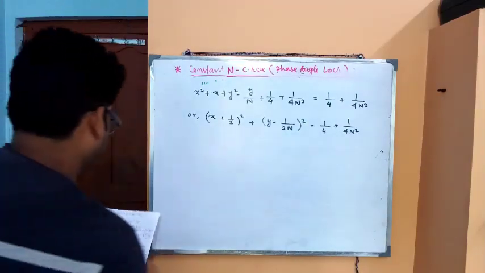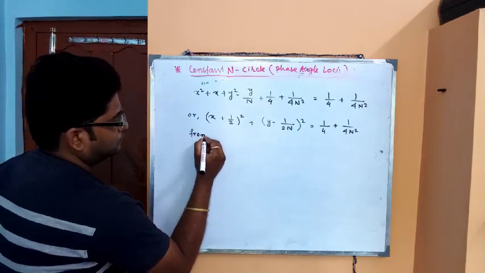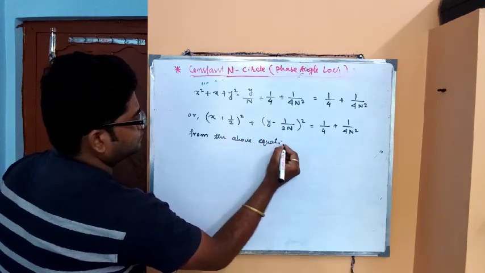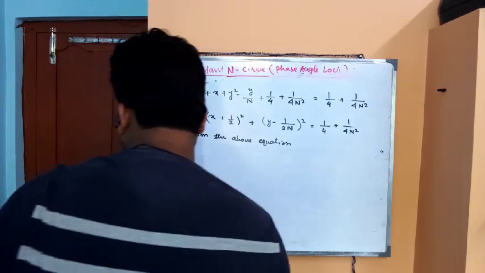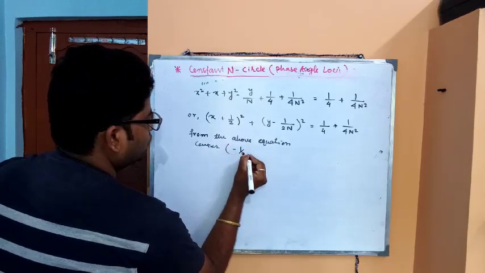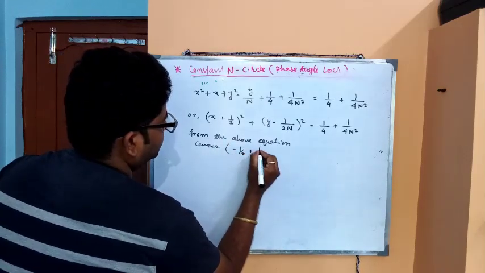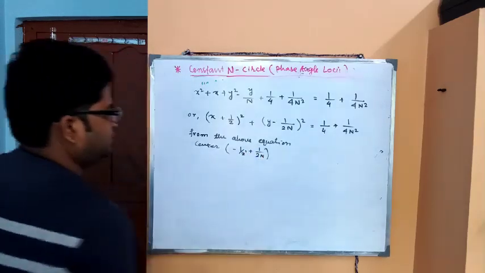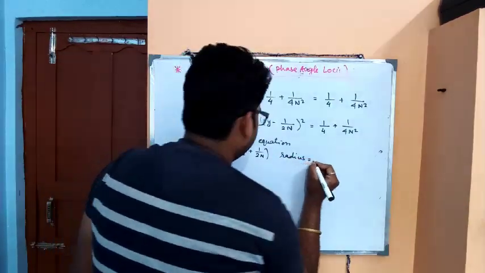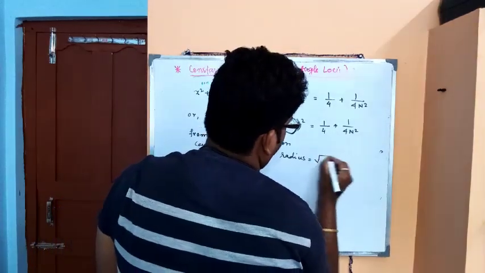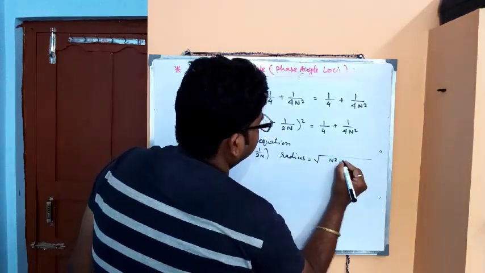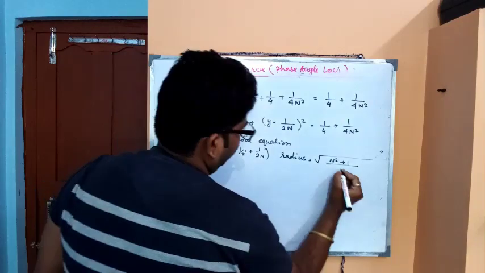So from the above equation, the center of the circle will be minus 1 by 2 comma 1 by 2n, and the radius is equal to root of, if we simplify this, root of n square plus 1 divided by 4n square.